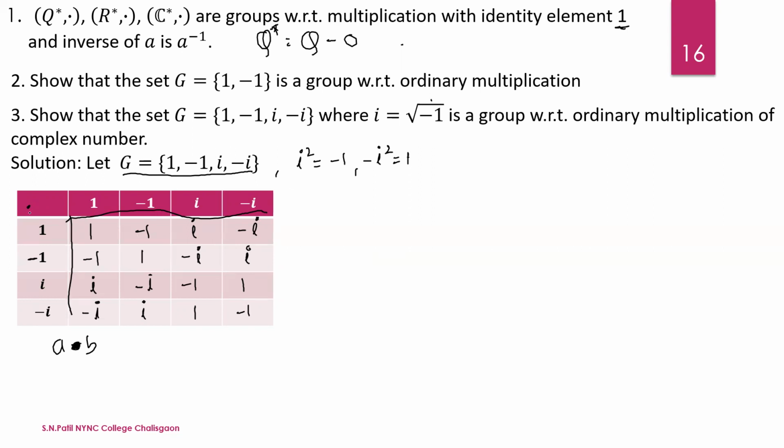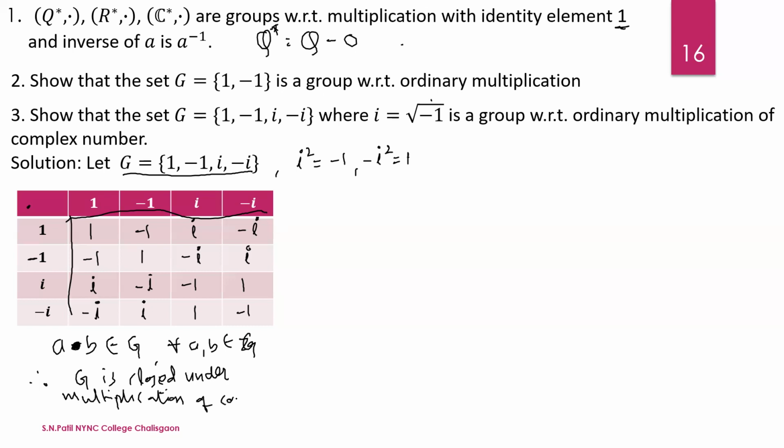A is any element 1, -1, I, -I, whatever belongs to G. For all A, B belonging to G, A dot B belongs to G. That is, G is closed under multiplication of complex numbers.